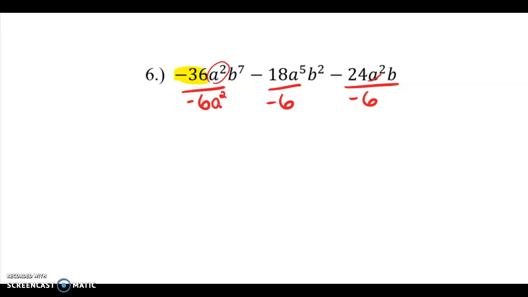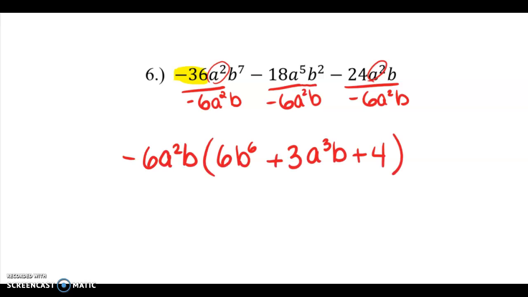It could be that one or this one. And my lowest b term is just a b. So that's what I'm going to divide these by. Negative 6a squared b. Doing that gives me, write that on the outside. And then when you divide all those out, you get a positive 6b to the 6th, a positive 3a to the 3rd b, and a positive 4. And once again, you can check that by using the distributive property.